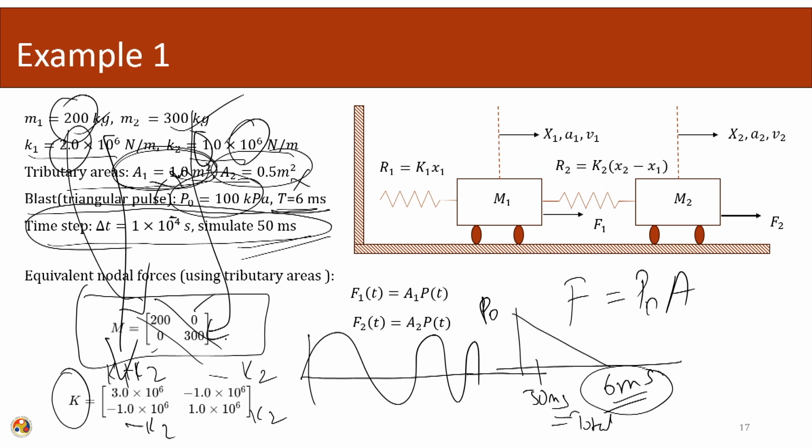So, we made the mass matrix, we have made the stiffness matrix, and the forcing function, if we multiply by the tributary area, we will make the forcing function.